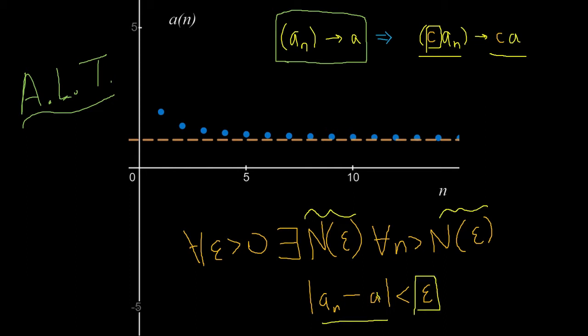One natural question you might have when learning about sequences and limits is, sure, a sub n might converge to a, but what happens if I scale a, multiply all the terms in a by some number like c? What's going to happen to the limit? I kind of gave it away, but let's see this visually, right?